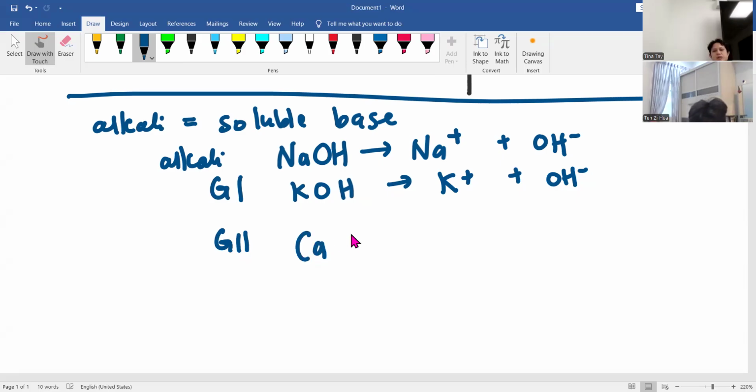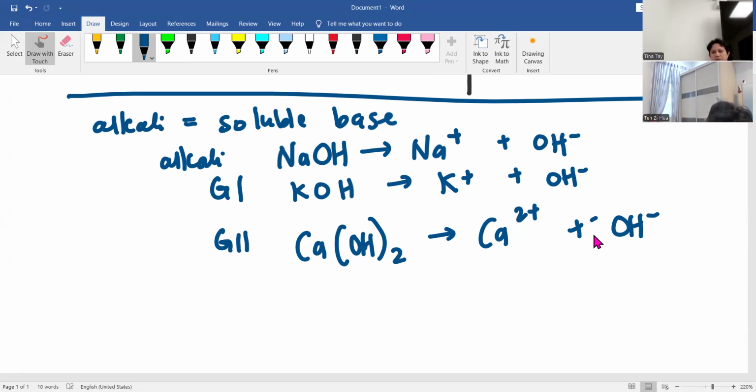For now, you just need to remember calcium hydroxide is an alkali. Group 1 all, because that's why it's called alkali metal. Group 2, some: magnesium, some can, some cannot. The most important is you need to remember group 1 can. For group 2, you just remember calcium hydroxide because it's lime water.